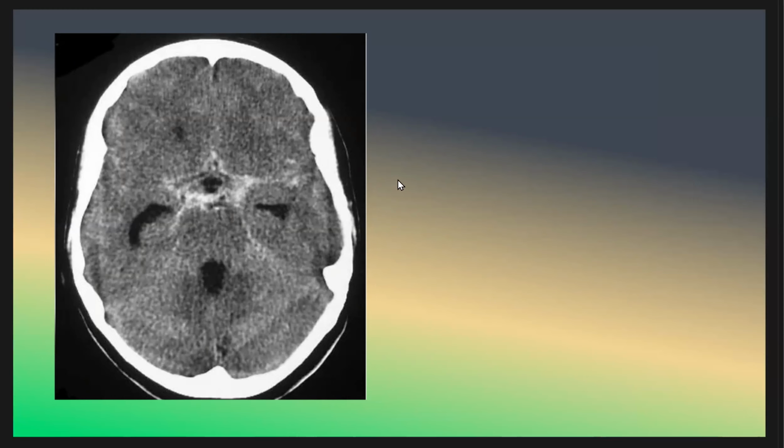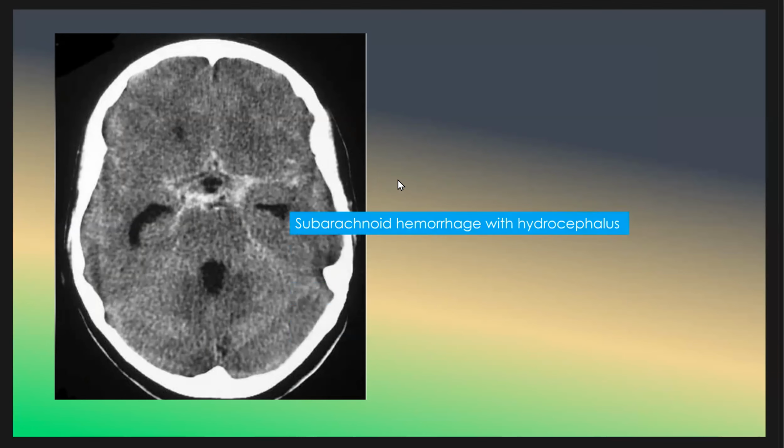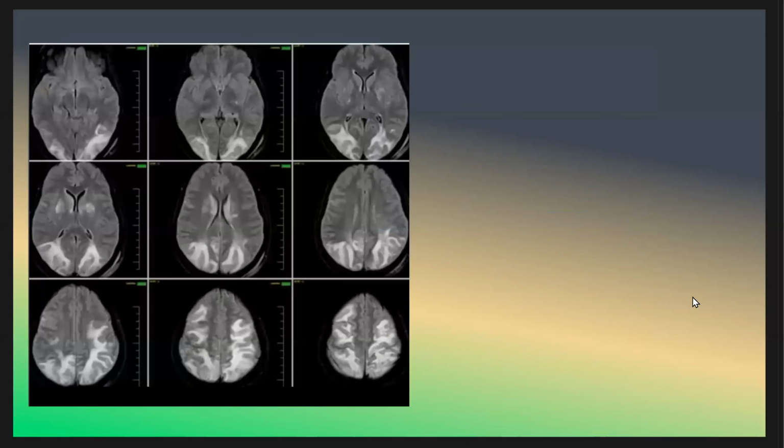Also, the patient has dilatation of the temporal horn suggestive of hydrocephalus. So this patient has subarachnoid hemorrhage with hydrocephalus. We move to the next case.